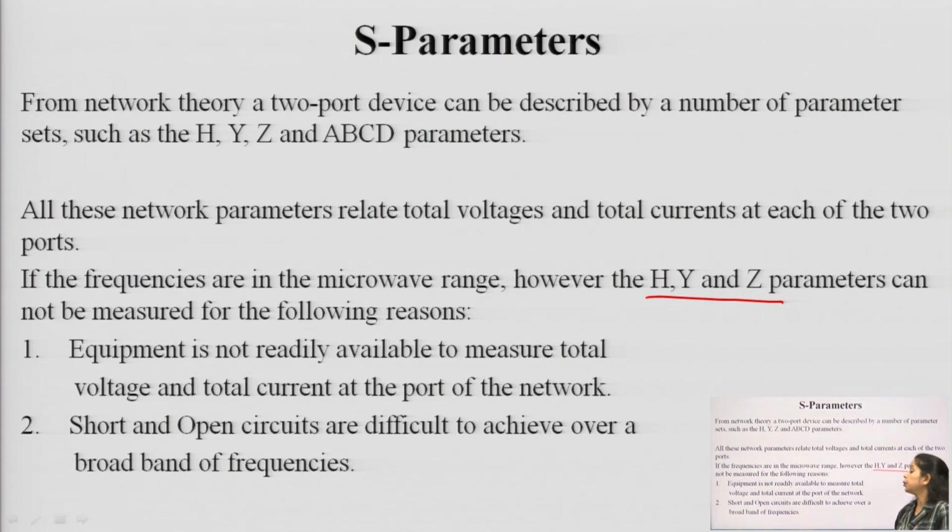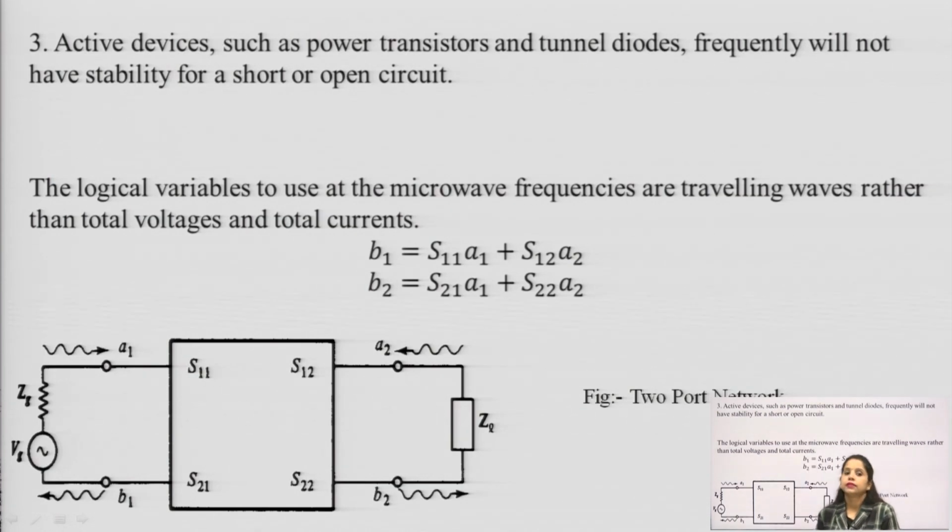First, equipment is not readily available to measure total voltage and total current at the ports of the network at microwave frequencies. The second one is that short and open circuits are difficult to achieve over a broad band of frequencies at microwave frequencies. Third, active devices such as power transistors and tunnel diodes frequently will not be stable for a short or open circuit.